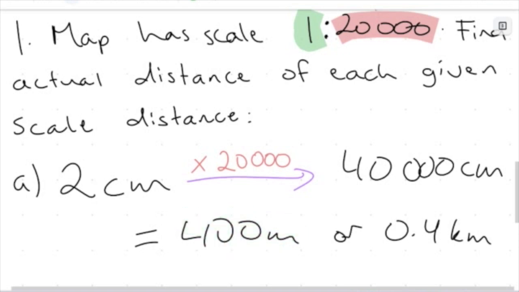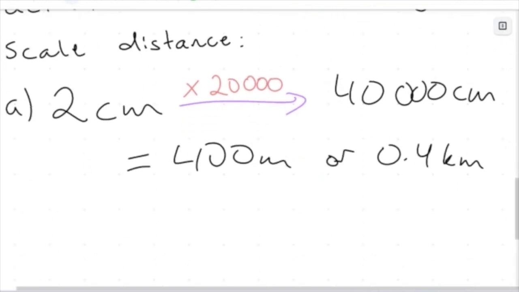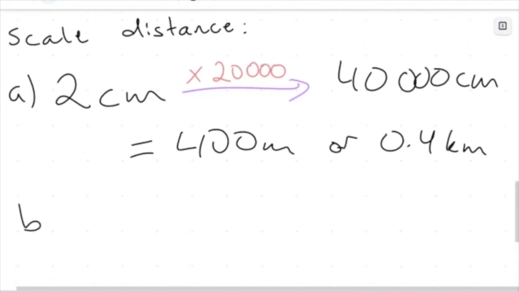That's going to be the actual distance of this place that's shown on the map. So question B, I want to find the actual distance from the scaled distance of 5 millimeters.